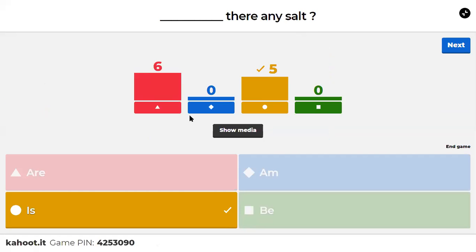No. So, are there any salt is not a possible question because we are not answering with yes, there are. We are going to say, yeah, there's some salt, there's a little salt because it's uncountable. So the question with are implying that it's a plural noun is not possible, right? Do you understand this one?